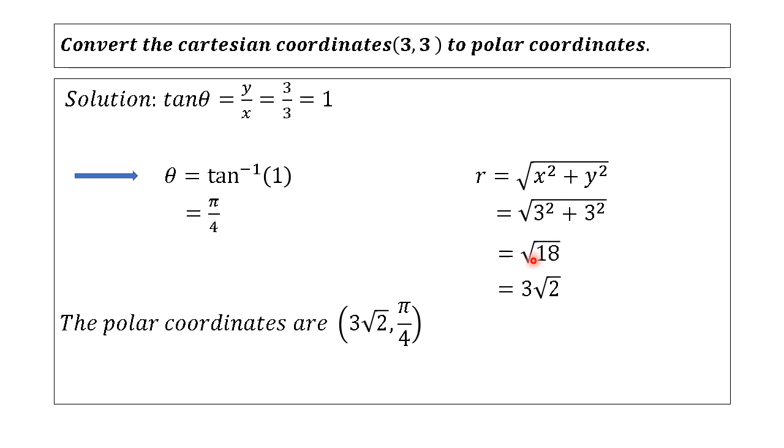Therefore, square root of 18, or we can write this as 3 root 2. The polar coordinates are 3 root 2 comma pi by 4. Here r is 3 root 2 and theta is pi by 4.